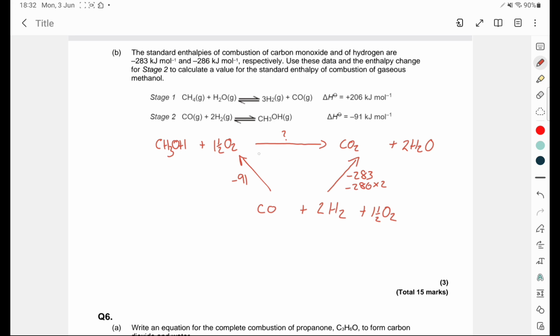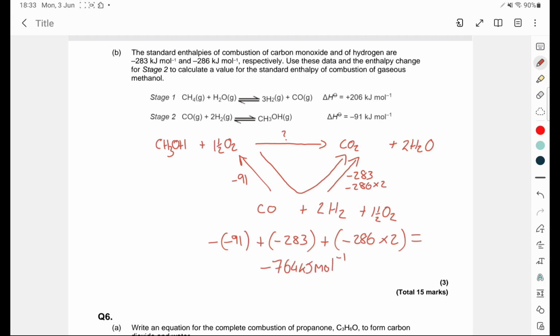We're starting off over on the left, ending up on the right, but going via the bottom. So it's going to look like this. Then we need to do our calculation, and remember, of course, anything that goes with the arrow is added, anything that is against the arrow is subtracted, which gives you minus 764.